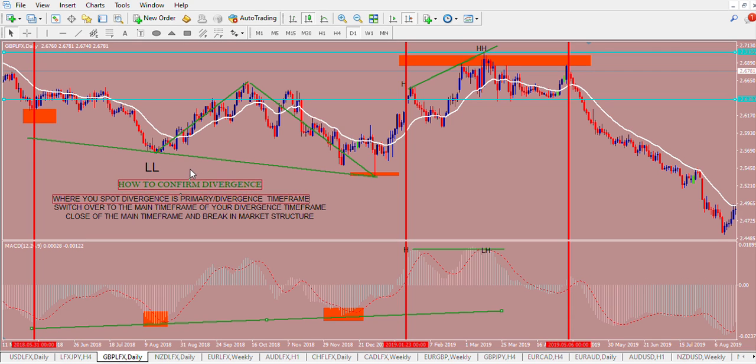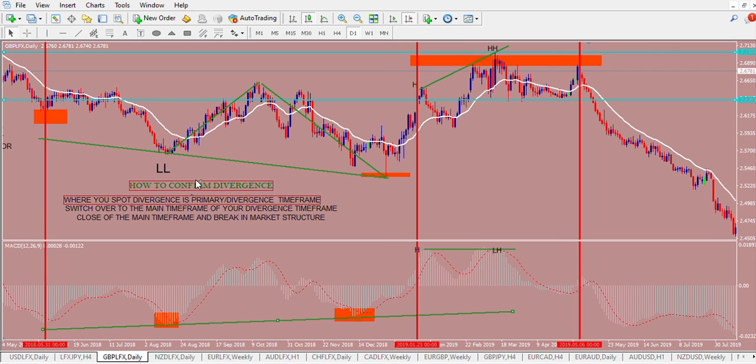How to confirm divergence. Good. You want to spot your divergence in the primary or divergence time frame. Then you switch over. Let me turn this to when: when you spot your divergence in your primary or divergence time frame, then you switch over to the main time frame.